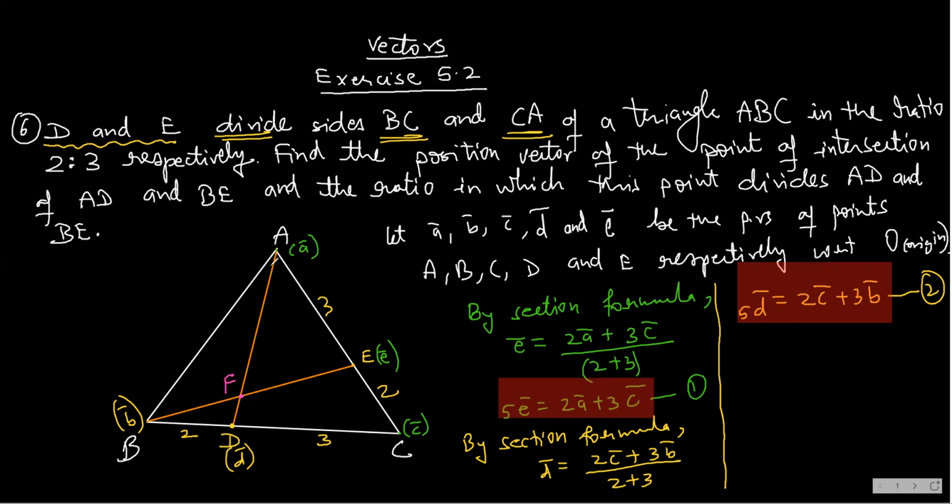It is the intersection of AD and BE. So I must somehow incorporate AD, BE. I should have these position vectors, A bar, D bar, B bar, E bar, and I should avoid this C bar. But then here what I notice, C bar is there, you know. So see, how do I eliminate it?